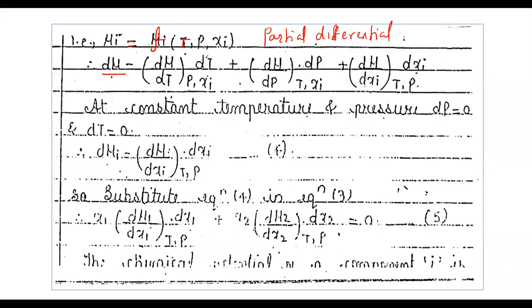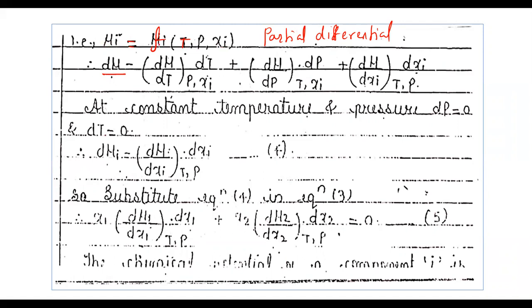There are three variables here: temperature, pressure and mole fraction of that component. So we have the change in the chemical potential with respect to temperature, with respect to pressure, and with respect to mole fraction. Other variables are kept constant, because the chemical potential is a function of temperature, pressure and mole fraction.